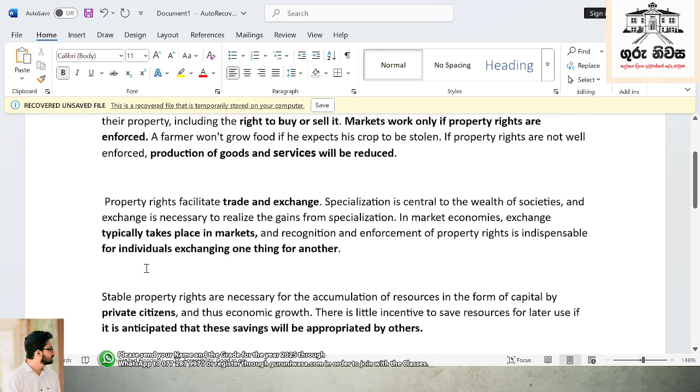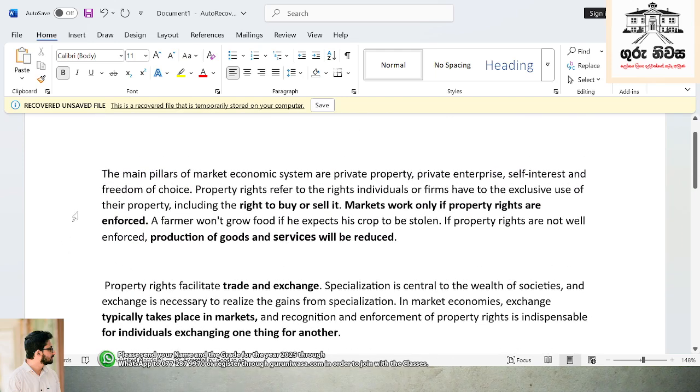This is a summary of the answer to this question, and the first paragraph explains common characteristics of a free market economy.